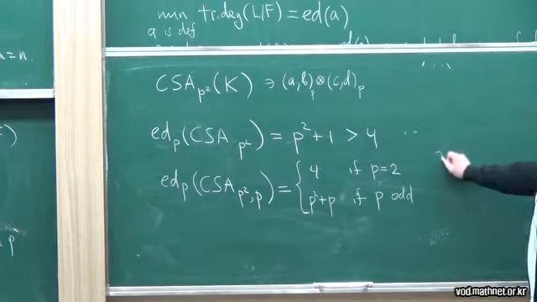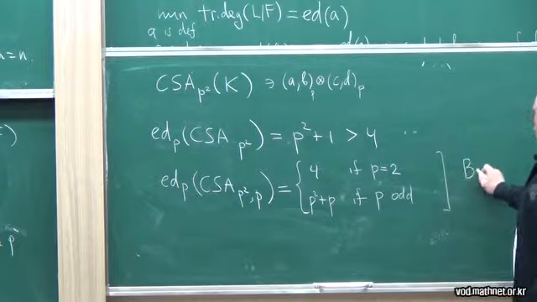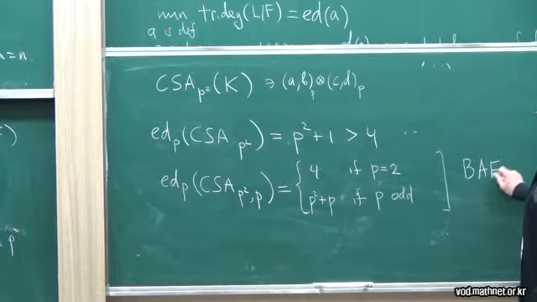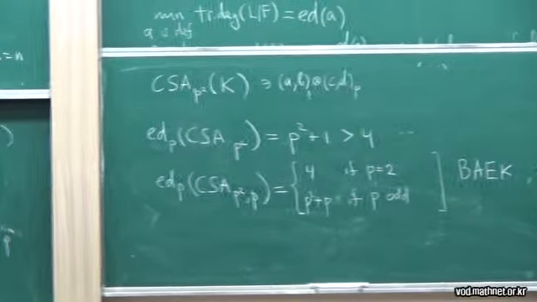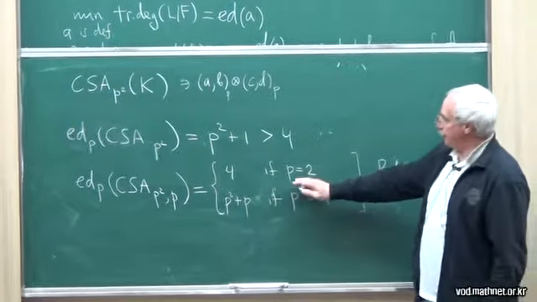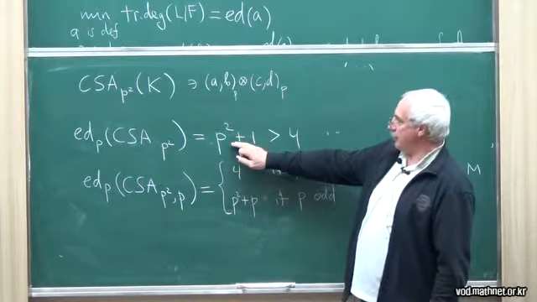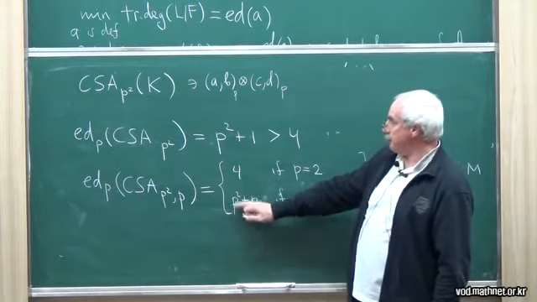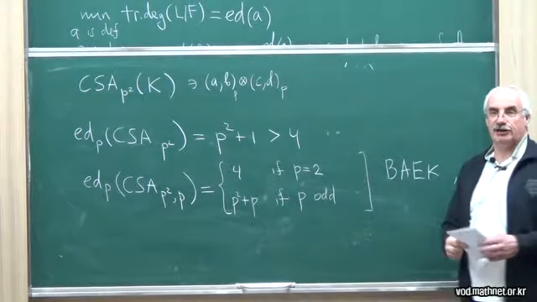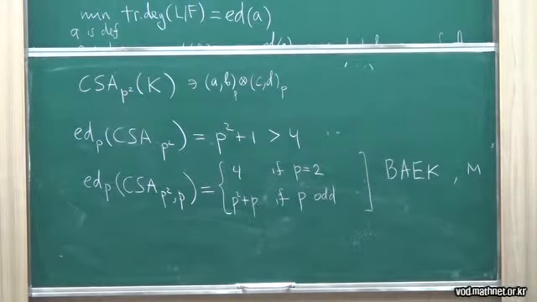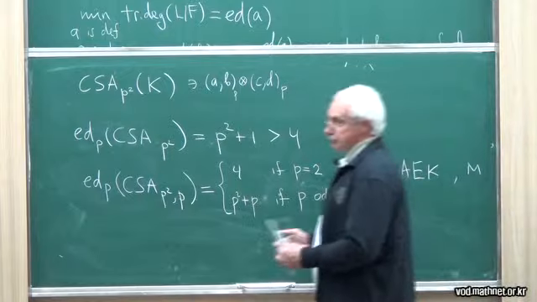This is a result by Bach and myself. So for p equals 2, it is smaller than this number, but for other p's it's even bigger. So the complexity of algebras with prescribed exponent turns out to be larger than the essential dimension of all algebras.